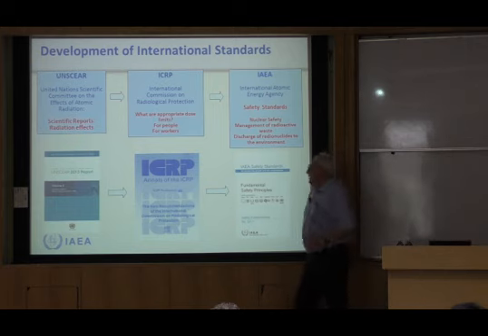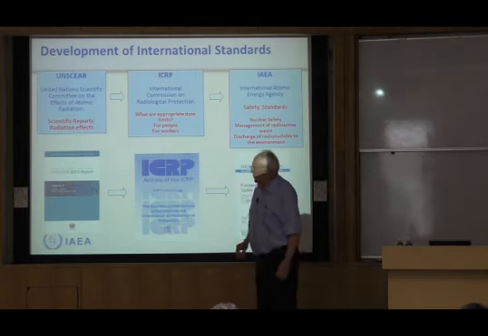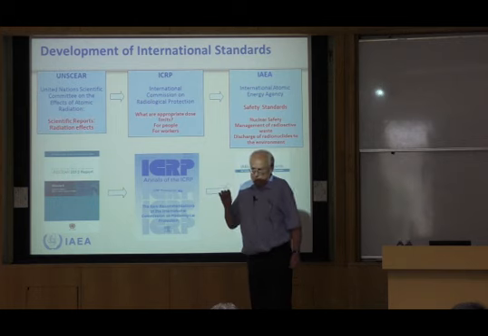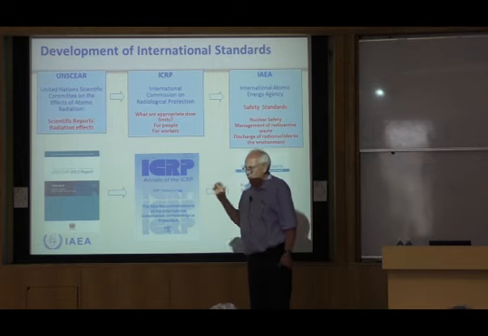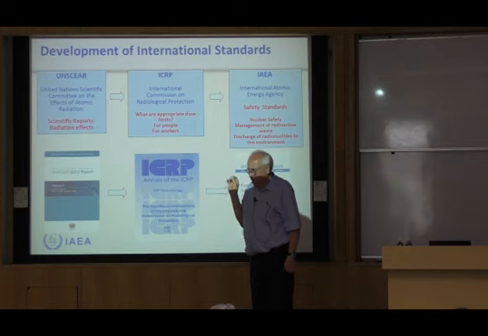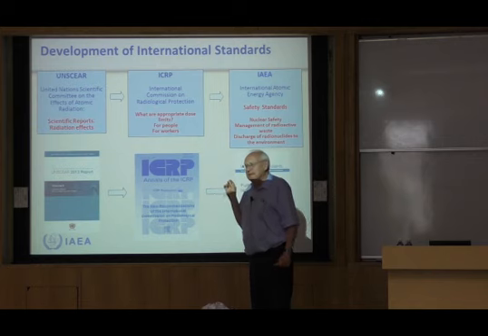Anyway, it's a report of UNSCEAR on the doses that occurred among the population and workers after the accident in Fukushima. This report was initiated by UNSCEAR in 2012, and it was finished, I think, in 2014.